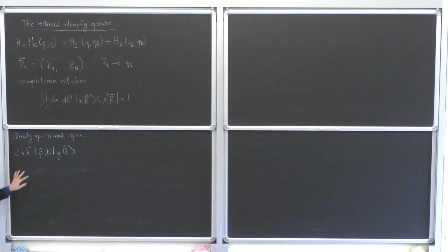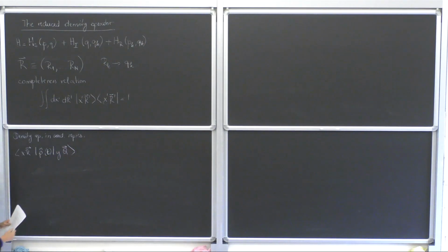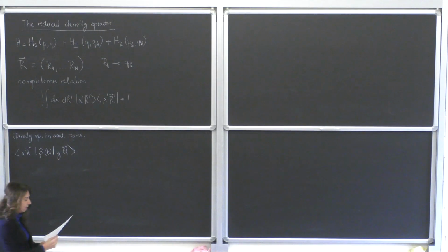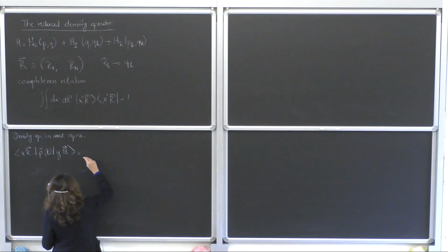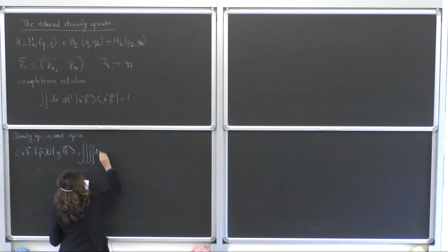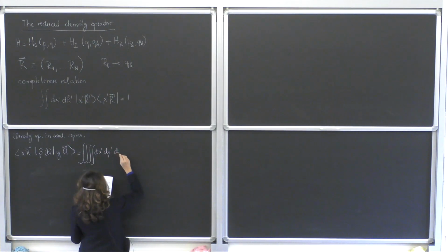Okay, so my density operator will be propagating my complete system from yq, so y for the particle, q for the reservoir, q is also a vector, up to xr, x for the particle, r for the reservoir. So this is nothing but... Let me write it first because it's very long, and then I explain, okay?